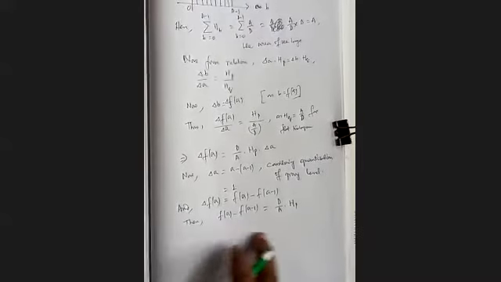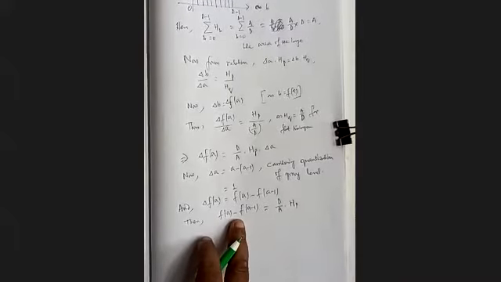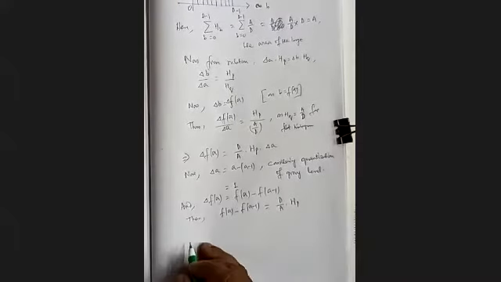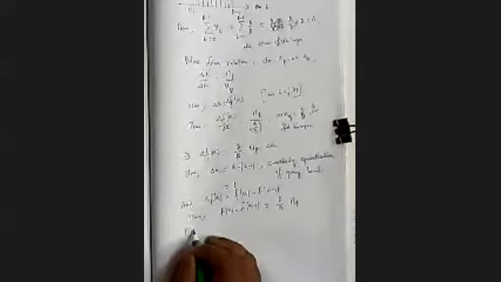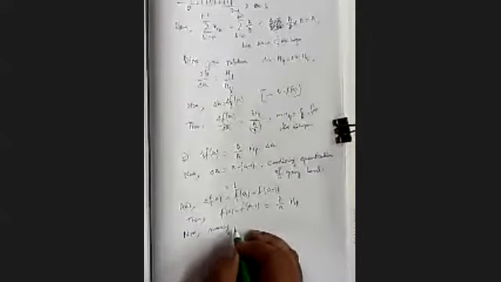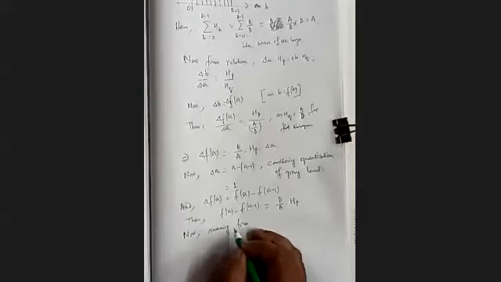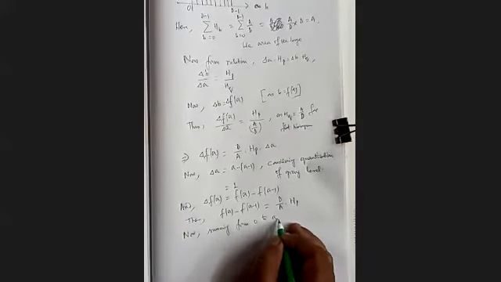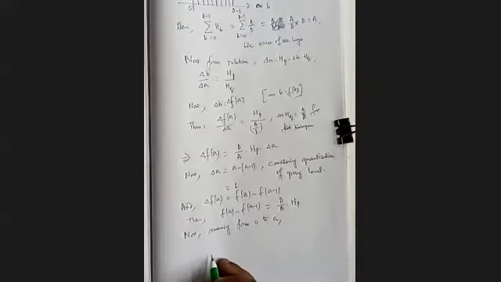Now we want to sum from 0 to A. Summing from 0 to A, what do we get?